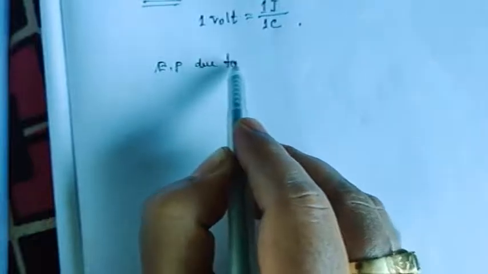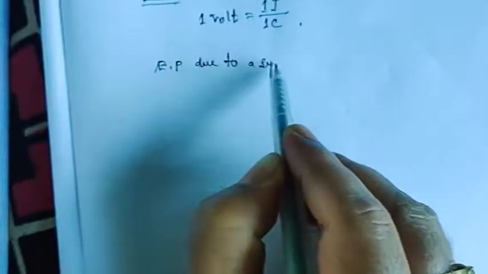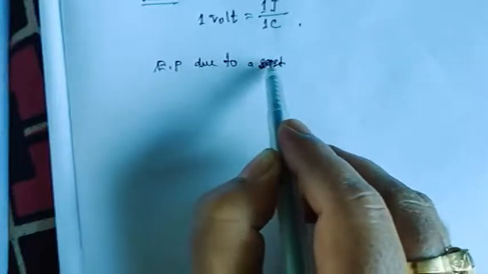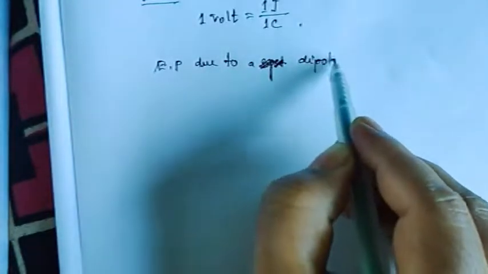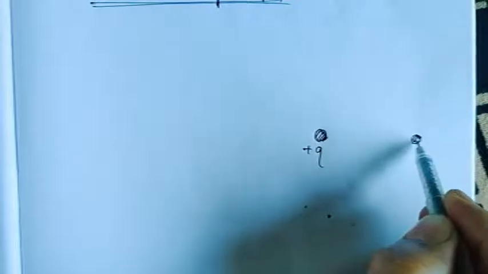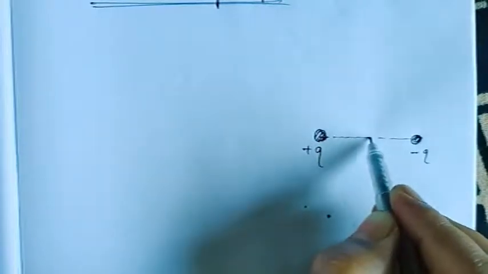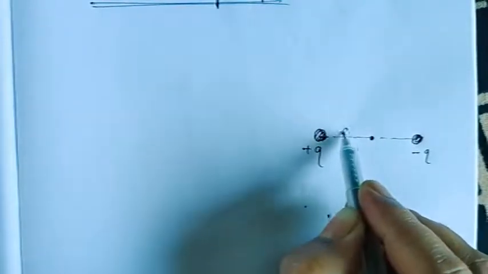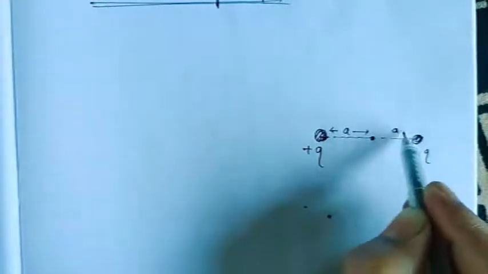Now the next part, electric potential due to a dipole. So let us consider, here is a dipole, plus Q charge and minus Q charge, with midpoint O. Suppose this is A and this one is also A. You can consider L also, there is no problem.